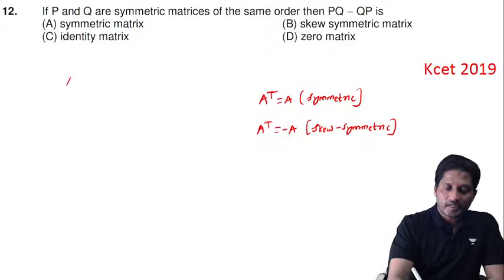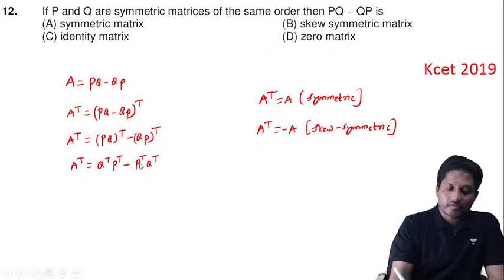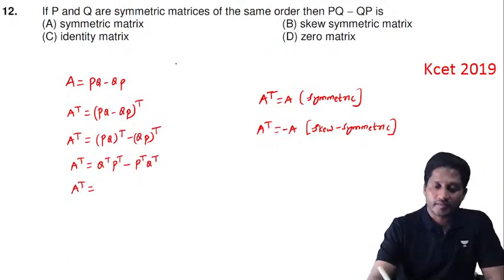Alright, now I'll take capital A is equal to PQ minus QP. Transpose of this will be equal to PQ minus QP whole transpose. Now this is equal to PQ transpose minus QP transpose. Now AB transpose is equal to B transpose into A transpose. Again, this is B transpose into A transpose. It's given in the question, P and Q are symmetric matrices of same order.